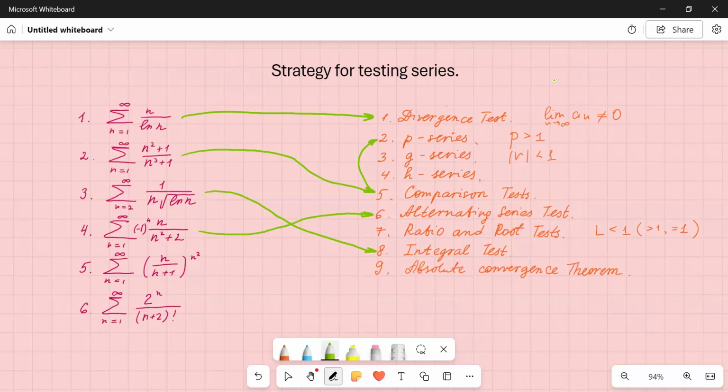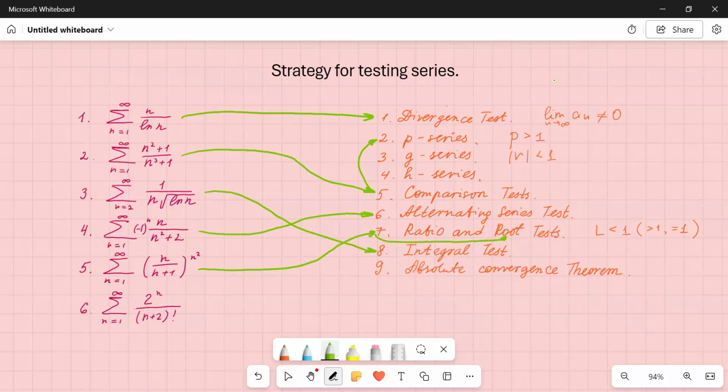My series number 5 has n squared. N squared means that it's n multiplied by n. Maybe I want to get rid of one of these n's and use the root test. So I'm going to bring it over here, more specifically to the root test.